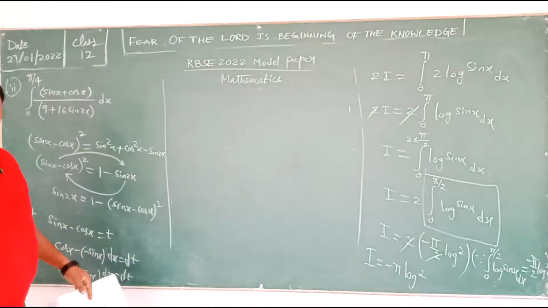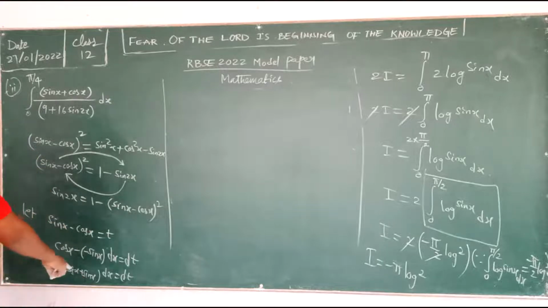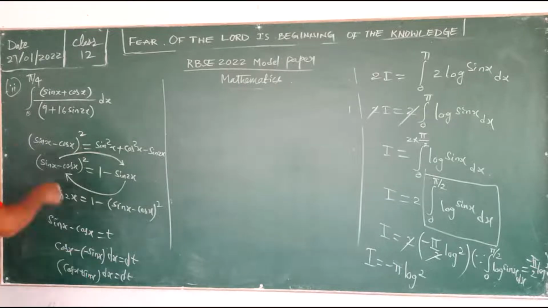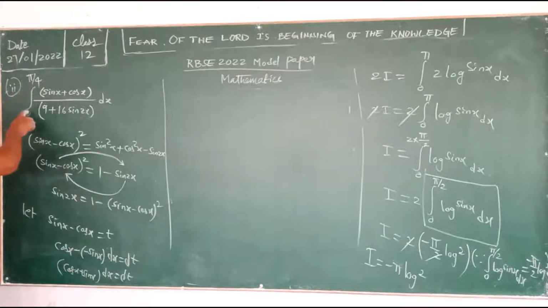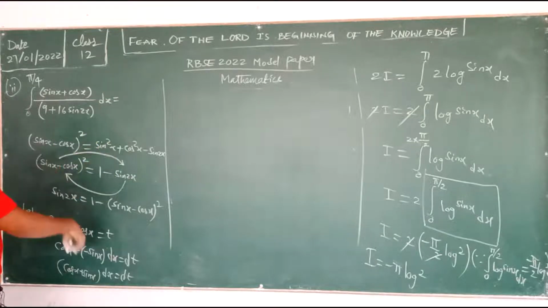Okay, let's see what we need to do next. Here cos x plus sin x into dx is equal to dt. Then this also we have to change. Whenever converting into dt form, you have to convert the remaining parts too. So first I need to write all this, then only I can solve it.